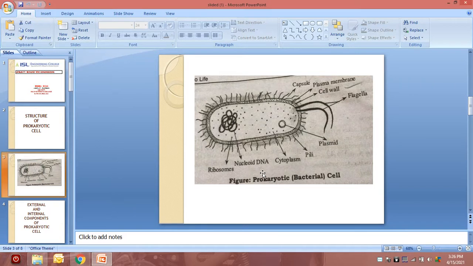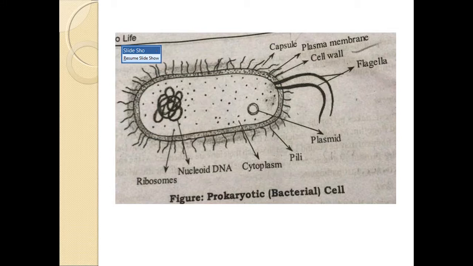The bacterial cell, as you can see, is surrounded by different compositions and characteristics. The covering of the bacterial cell is well organized, as you can see here in the diagram. Diagram of bacterial cell, prokaryotic cell.